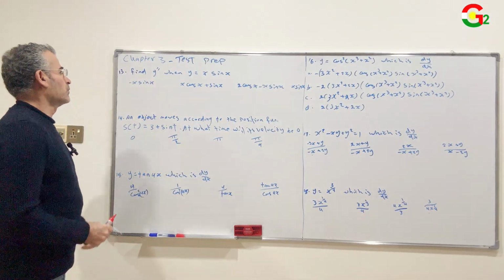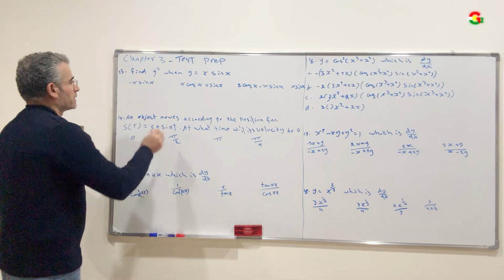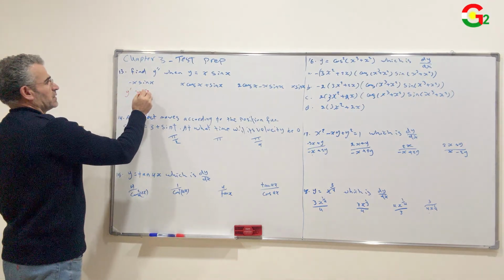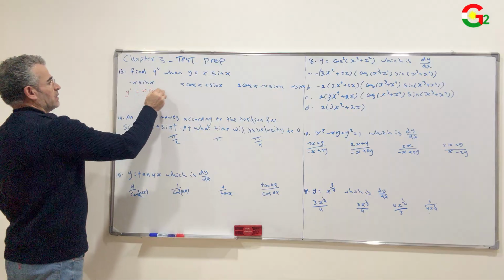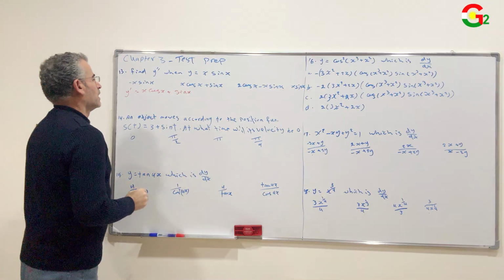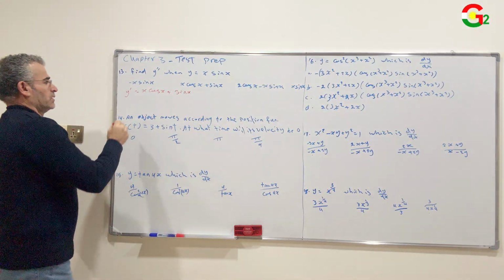Question number 13. Find y double prime when y equal x sine x. Y prime equal to the first function times the derivative of the second, plus the second function times the derivative of the first one.